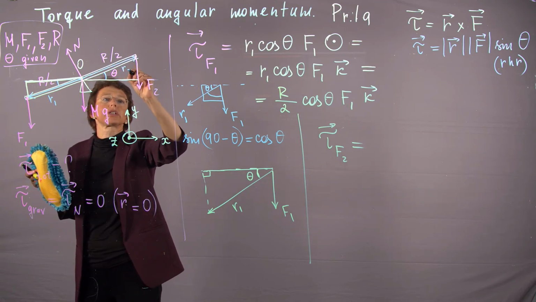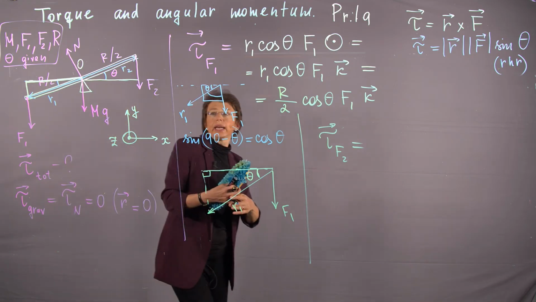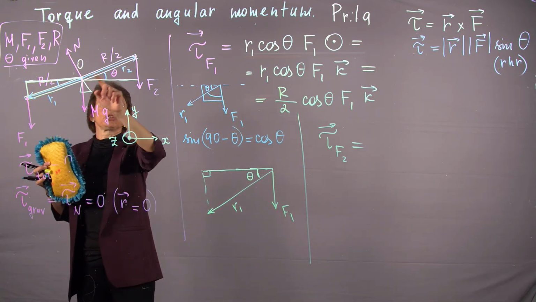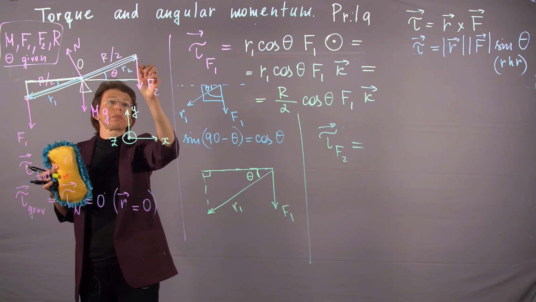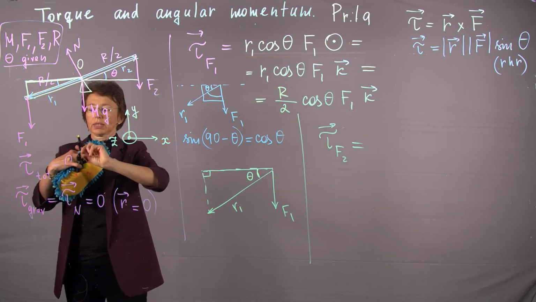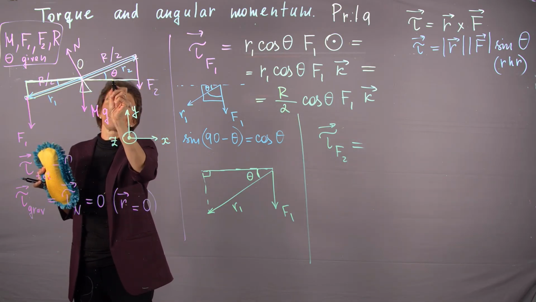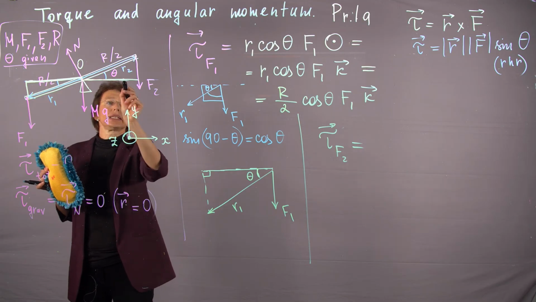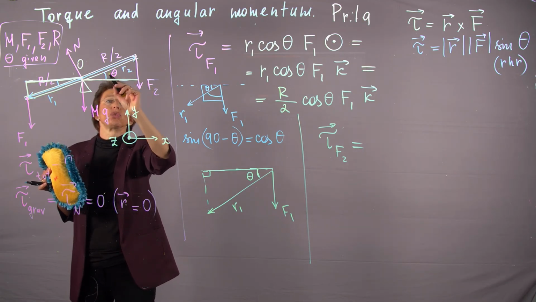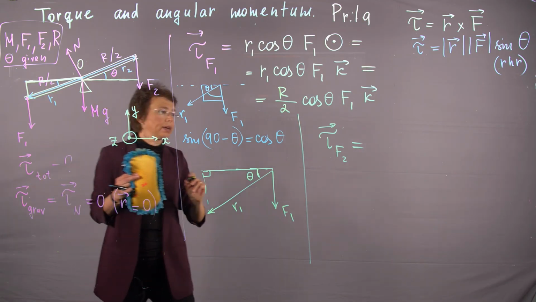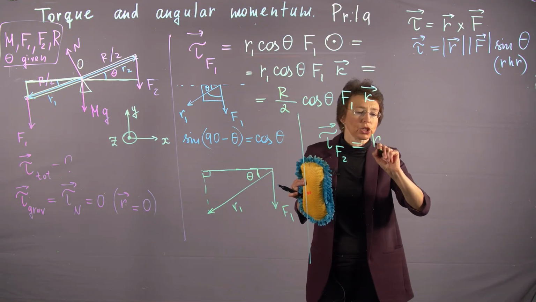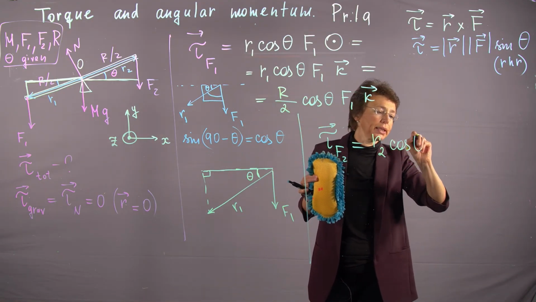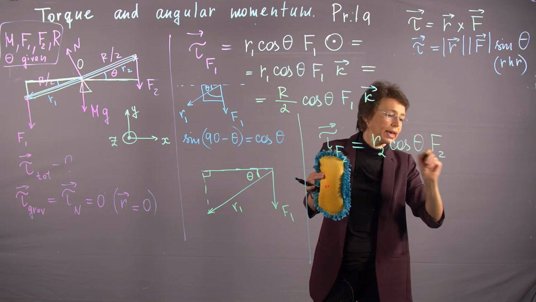So this is R2. The component of R2 that is perpendicular to F is this horizontal component, and it is equal to R2 times cosine theta. So R2 cosine theta times force F2.